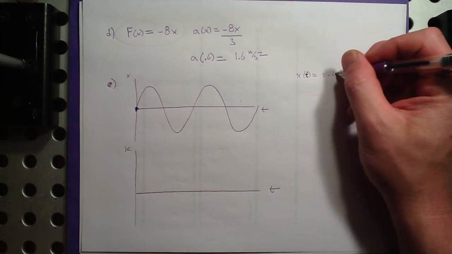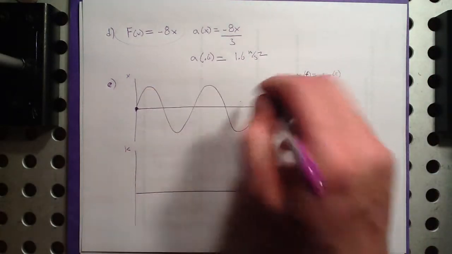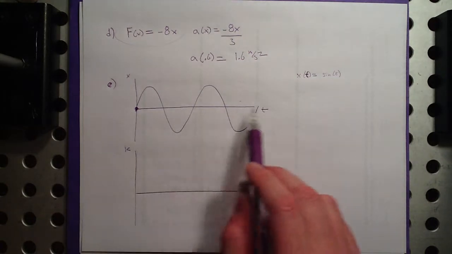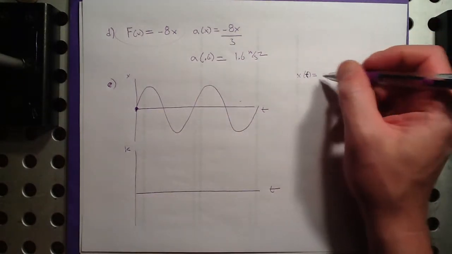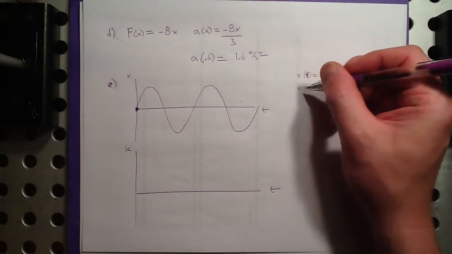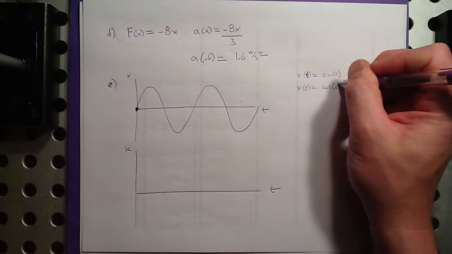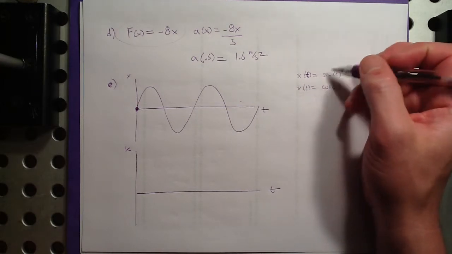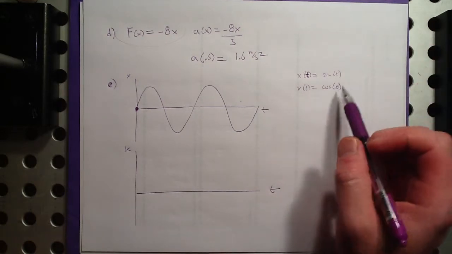Sine of t. The exact details of this really don't matter here because they're just asking us to sketch this and not actually put any scaling on the t-axis. So velocity would be some kind of cosine graph, right? We could figure some amplitudes and so on, but we really don't need to do that here.